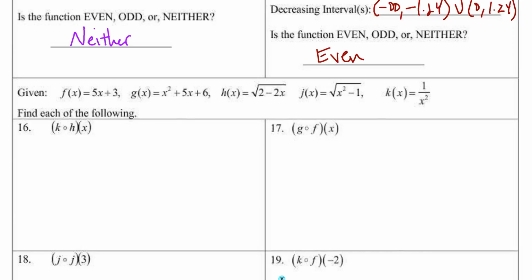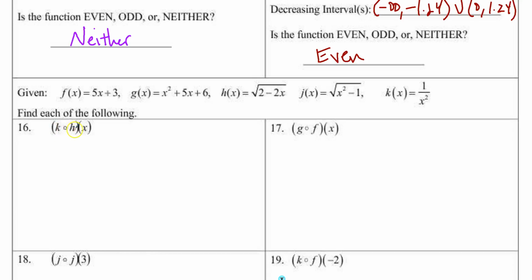Alright, find each of the following. These are compositions. So k of h of x. Remember, just like with inverses, with compositions, if I am manipulating a function, I have to look at the domain.